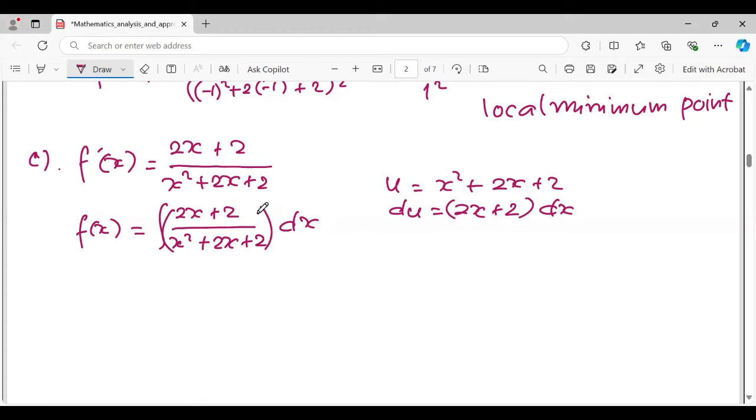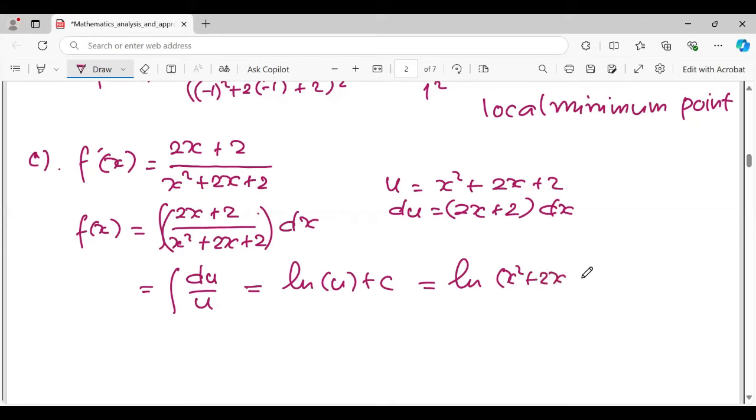So we can write it like this: integral of du over u, and the result is ln u + c, or ln(x squared + 2x + 2) + c.